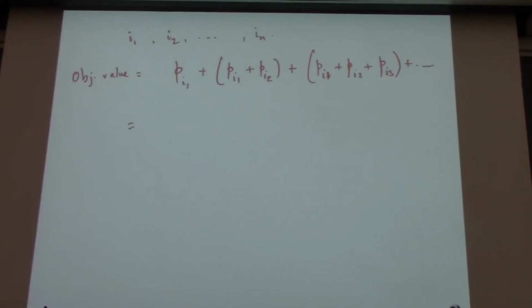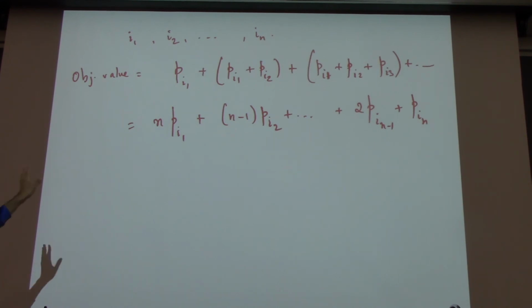If you expand it out, it is n times PI1 plus n minus 1 times PI2, and so on up to 2 times PI n minus 1 plus PI n. I just combined like terms as he said. So I1 appeared n times, the next appeared n minus 1 times.